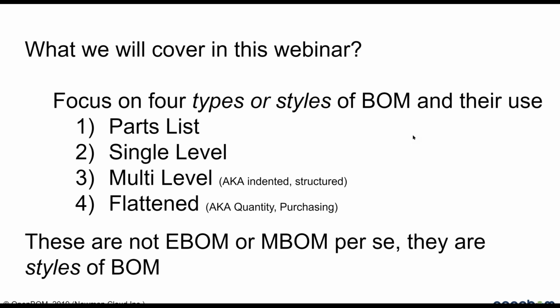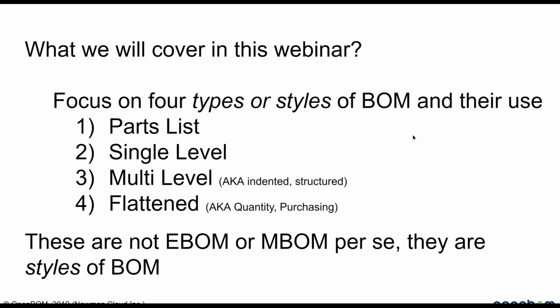What these are not, per se, are the classic E-BOMs and M-BOMs. Those two imply a certain function for a bill of material, and I'm not going to cover that today. What I am going to cover are what we're calling the types, or styles, which is the word we'll use for the rest of this webinar.